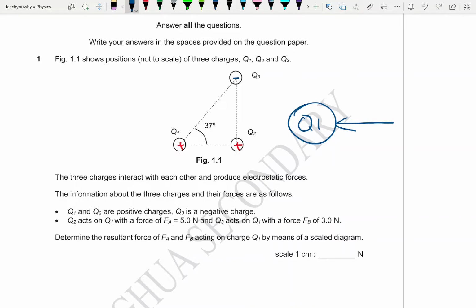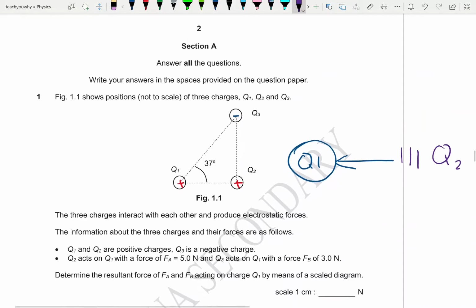It's like Q2 is trying to push away Q1. And then Q1 will be attracted to Q3 because positive and negative charges attract. So we have an attracting force in this manner.